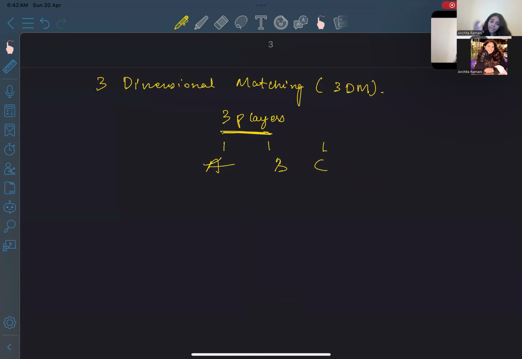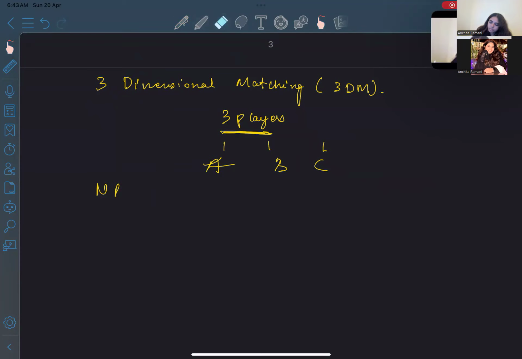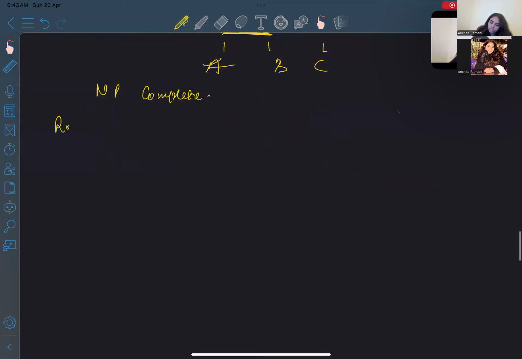And we want to make teams where no players are reused. This problem is already known to be NP-complete. And we will see the reduction now.